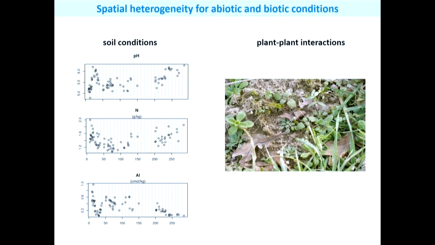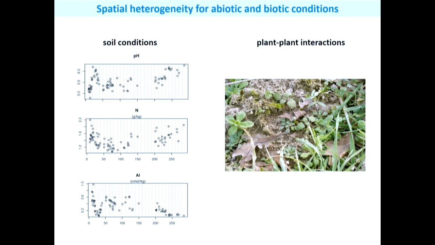Okay, so I was talking about spatial heterogeneity for abiotic factors, but also biotic factors. You can see here, even for the soil conditions, like the pH, over this transect from 0 to 300, even in less than 50 meters you have a big variation of the pH, ranging from 4.9 to 6.1.